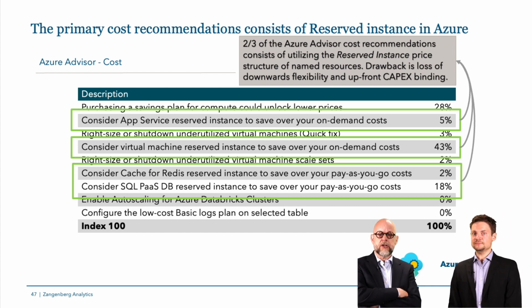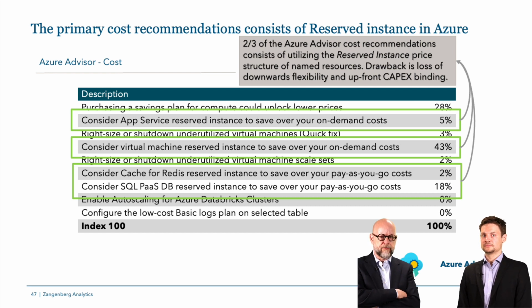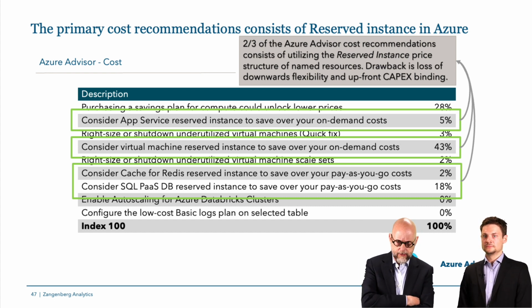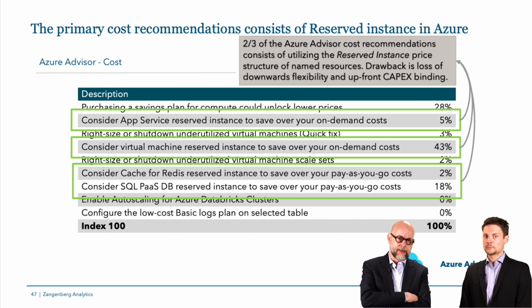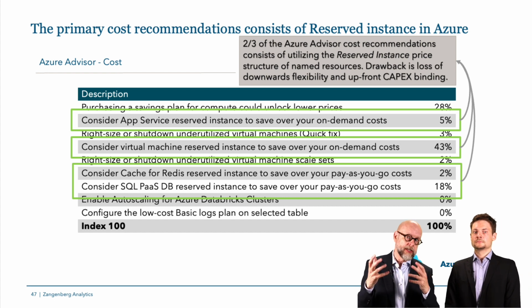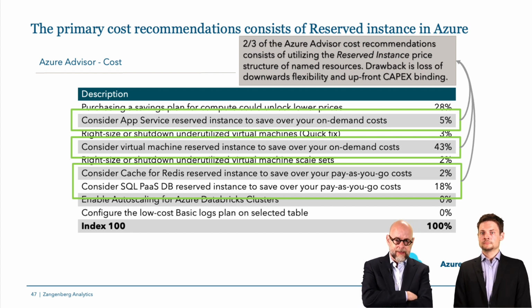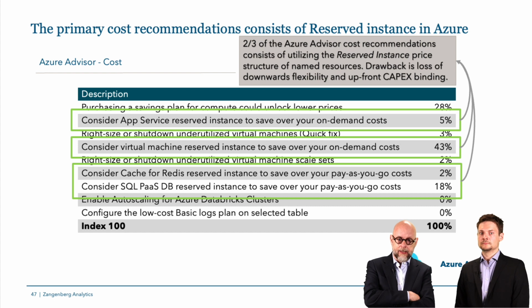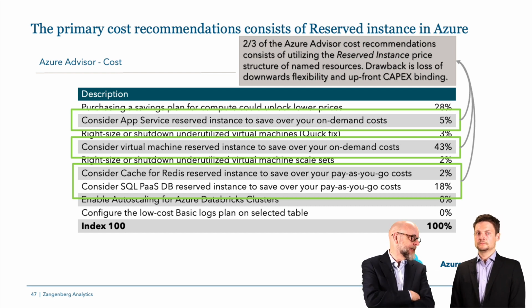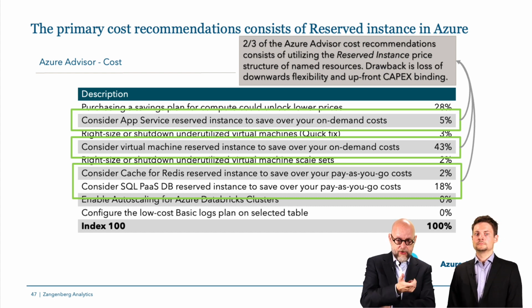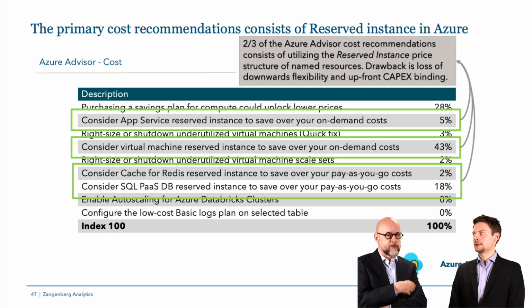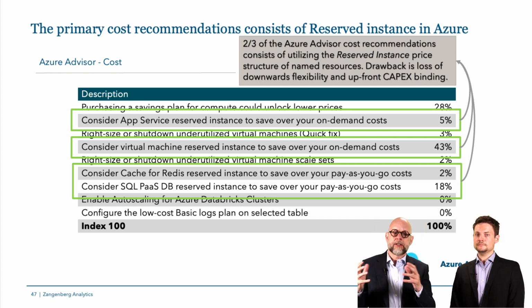It is, I guess, not a surprise that the financial optimization that they will provide and advise on is one that goes well hand in hand with the interest, of course, of Microsoft, and things that actually have an impact on their stock price and whatnot. That is utilizing reserved instances and thereby committing revenue to Microsoft. Yeah, exactly. So it's not a surprise that is what they will advise on.